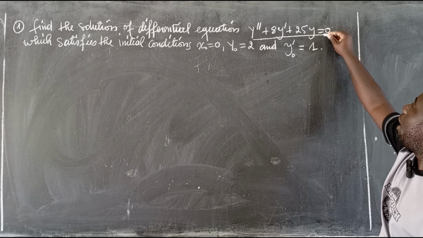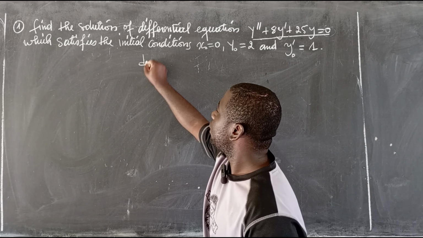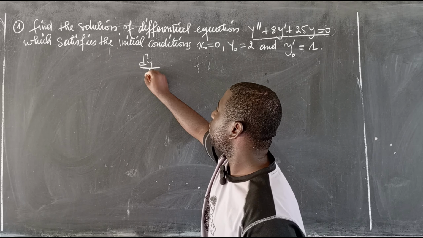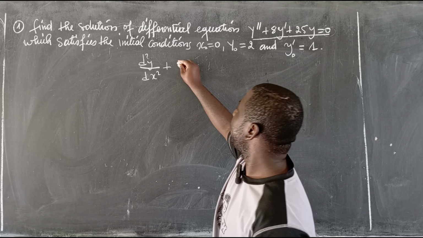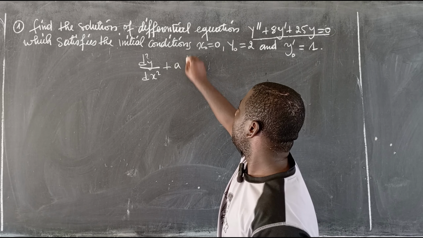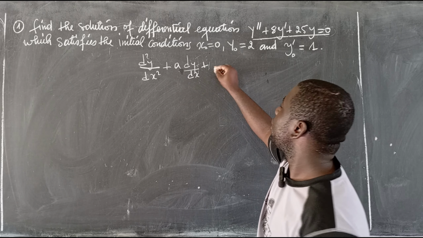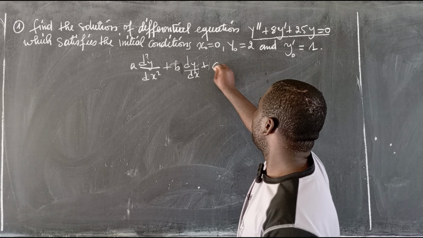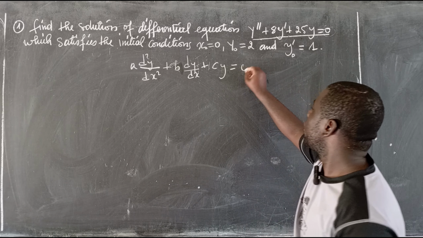Remember, a homogeneous differential equation has this form: A times the second derivative, plus B times the first derivative, plus CY, which is equal to 0. So we have 0 here.